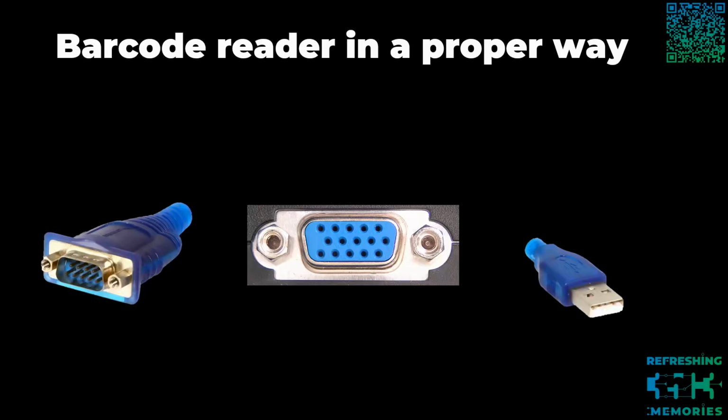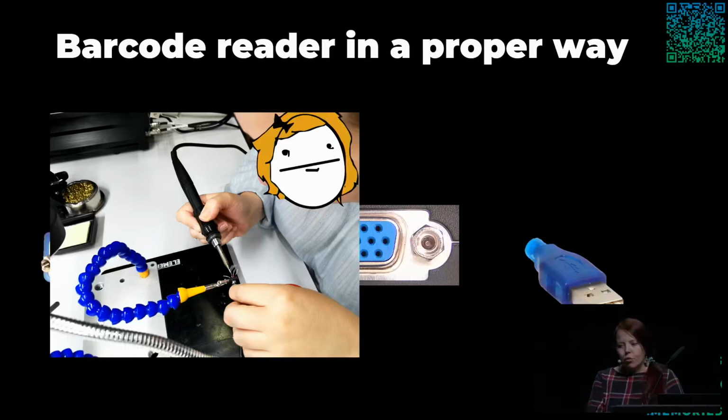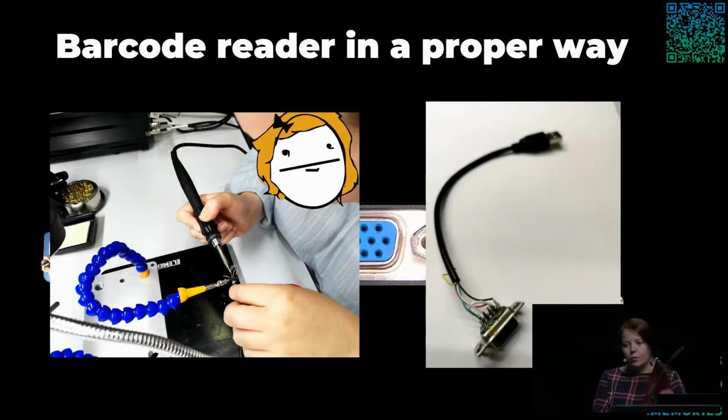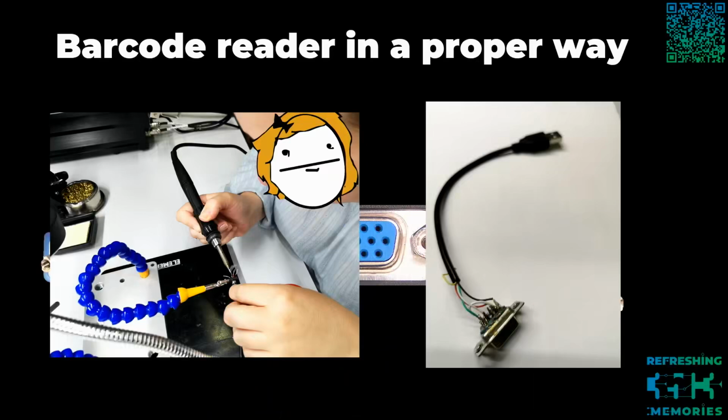But we had some strange and, let's say, protected ATM where the USB cable was cut, and it took a couple of hours to solder in a new cable, and we had the right way and the proper way to eject money from the ATM that I mentioned in the previous video.